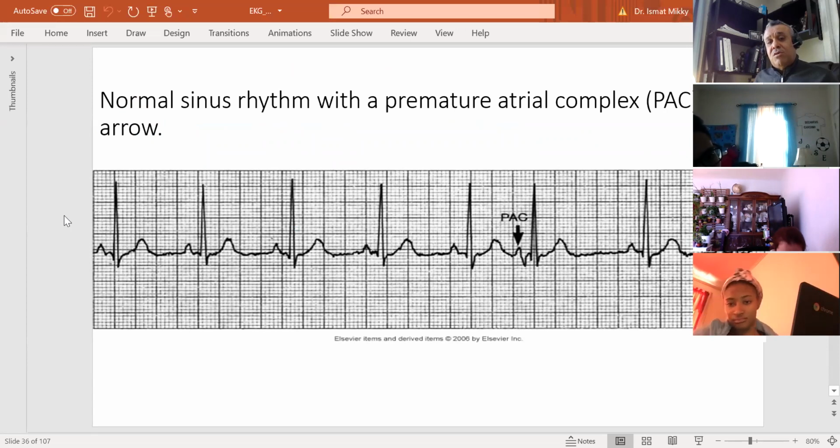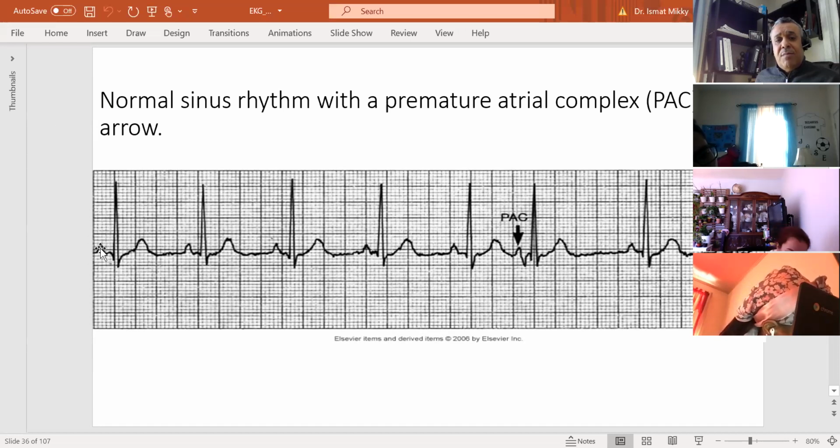There is more than one indication to find the PAC, premature atrial complex or premature atrial contraction.